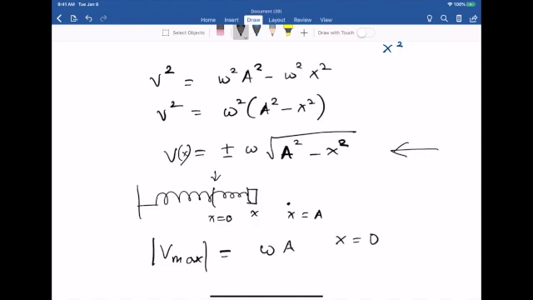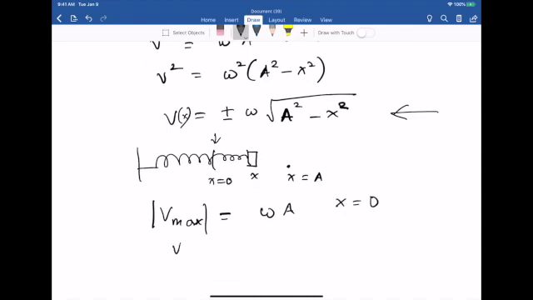When will its velocity be 0? See if you can answer this question without doing the math. The mass is oscillating back and forth between x equals plus a and x equals minus a. So where exactly will its velocity be 0, do you think? The velocity is obviously going to be 0 at x equals plus a and x equals minus a.